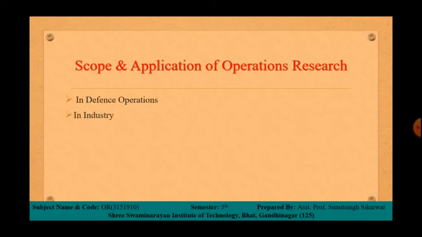Our next application is in industry. After the Second World War, the industries were facing a depression, and to solve the various industrial problems, industrialists tried to build models which were successful in solving their problems.